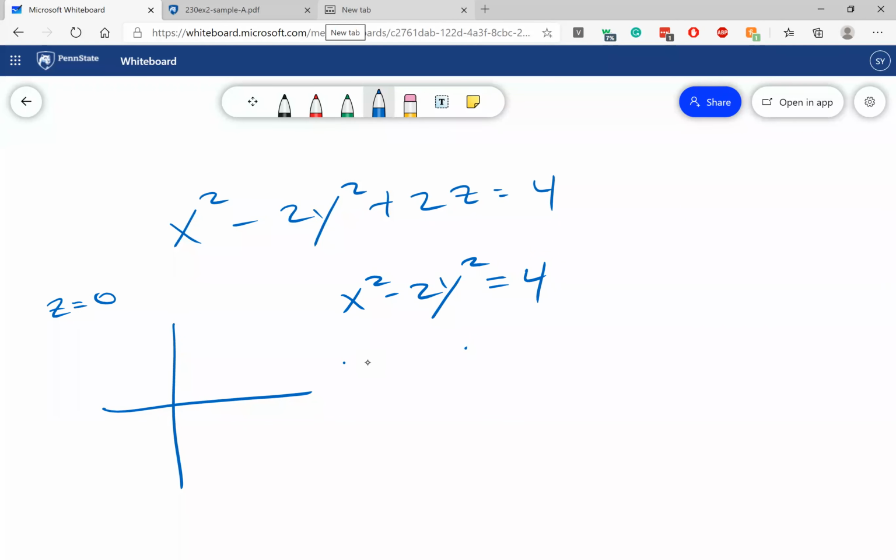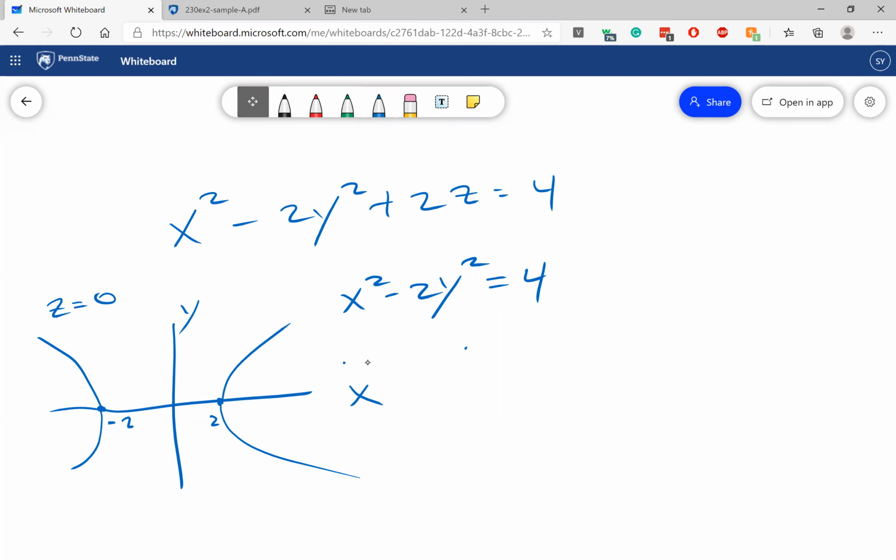And this would be a hyperbola. So it would look something like this. Here this is the x coordinate, and here's the y coordinate. And these points over here happen when y is equal to 0, so they happen at 2 and at -2. Okay.